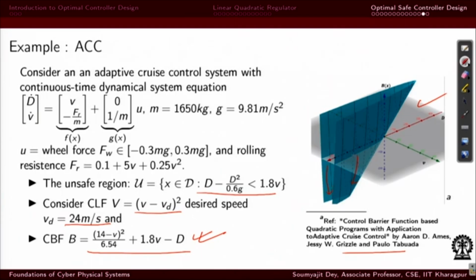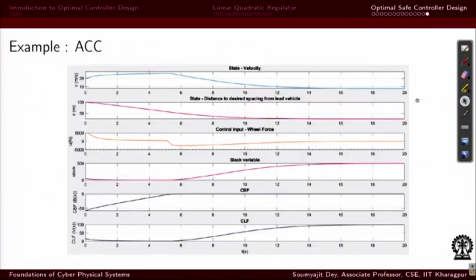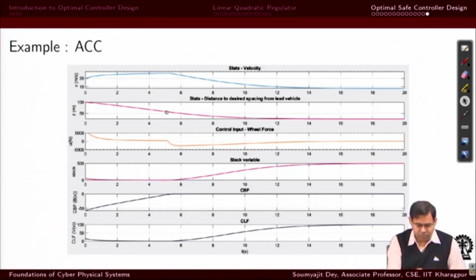And if you do the constrained optimization that we discussed earlier, you will see that for this system, I am running the ACC using a controller which has been designed using a quadratic programming formulation like we discussed here. If I plot the distance to the desired spacing, let us say I have said that the spacing from the lead vehicle should be 0.